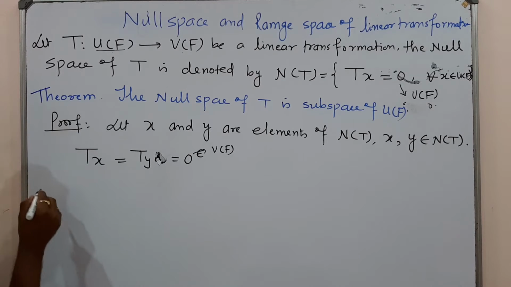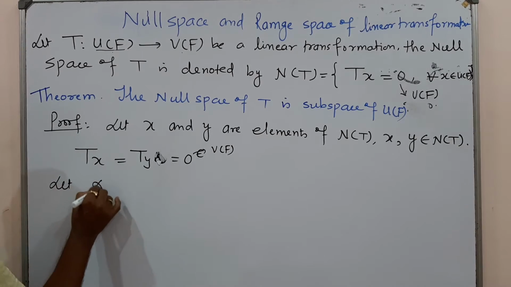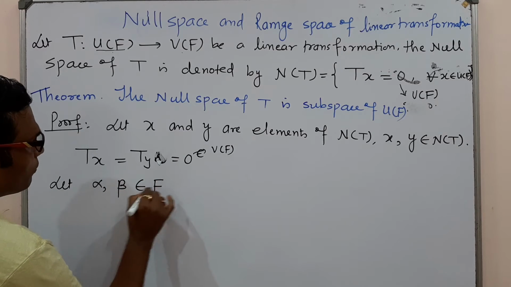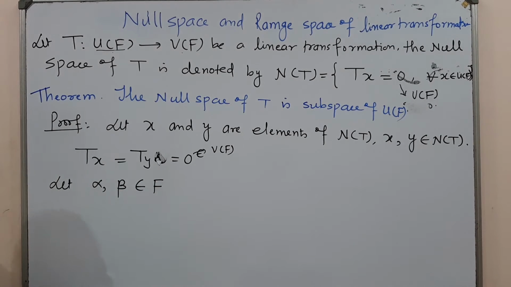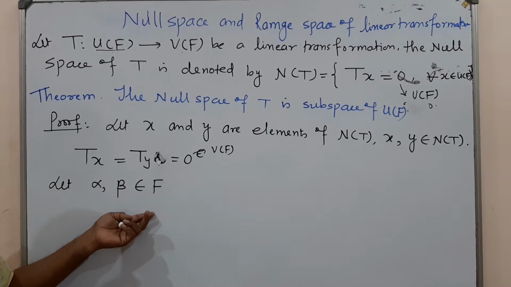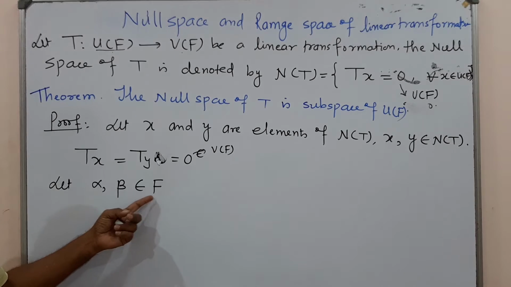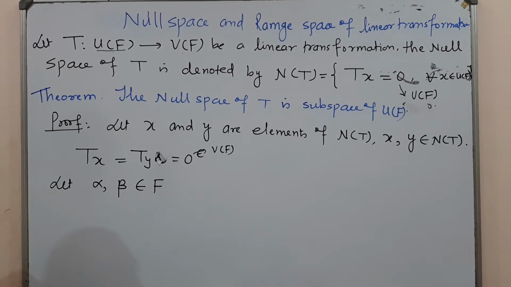Now, let alpha and beta be two elements of F. That is, F is the field over which the vector spaces UF and VF are defined, so alpha and beta are two scalar quantities.